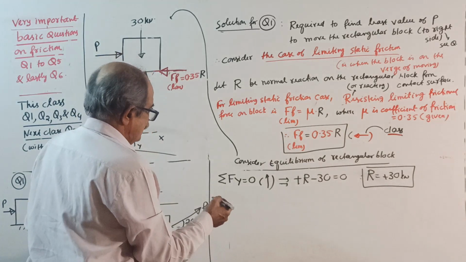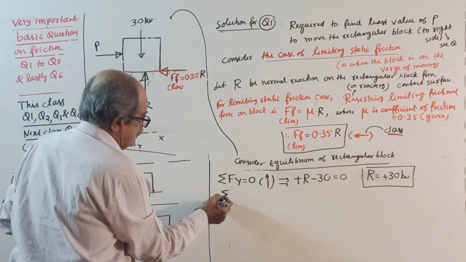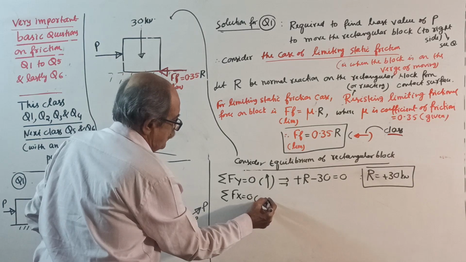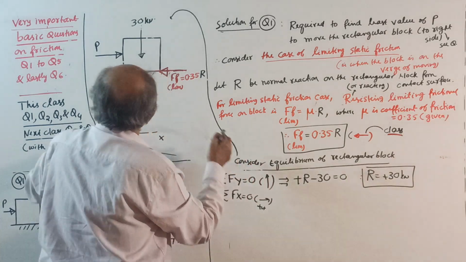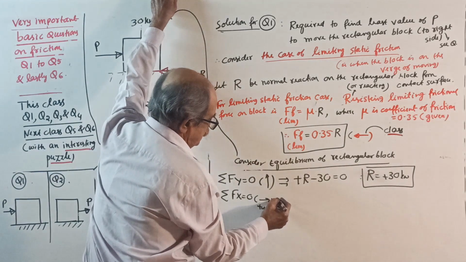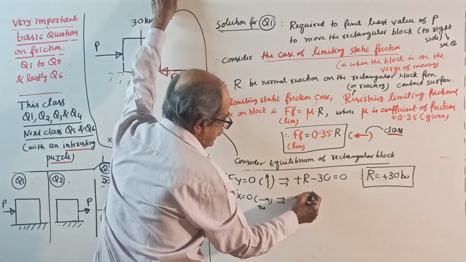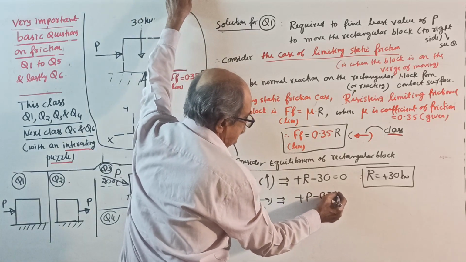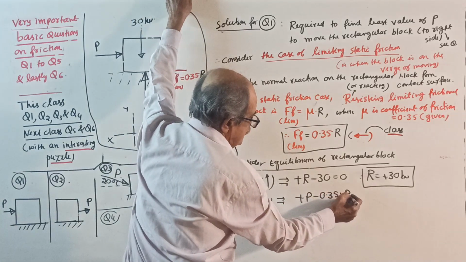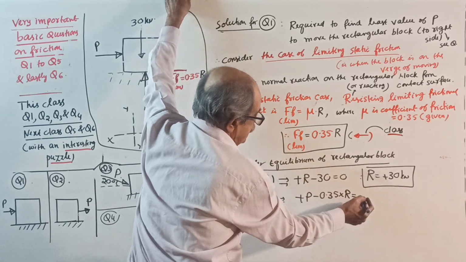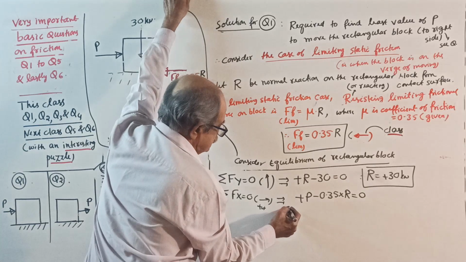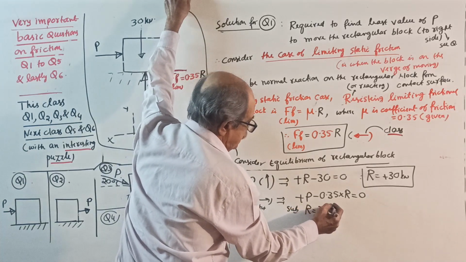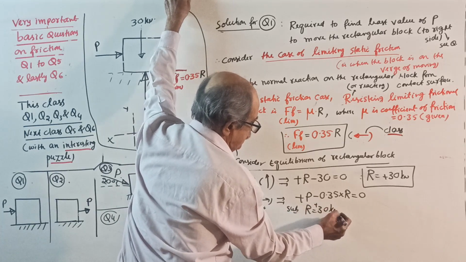Okay, then sigma Fx equal to 0, take right side positive. Plus P minus 0.35 times R equal to 0. Now substitute R equal to 30 kilonewton.